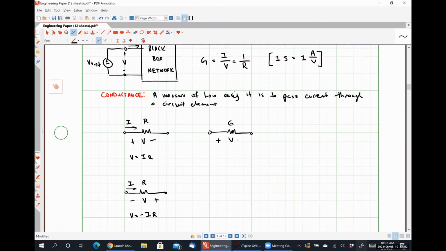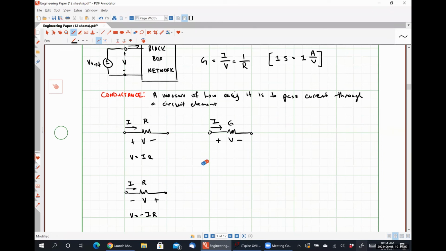So if we have current flowing into the positive polarity terminal, then let's see, V is equal to I. Oh goodness, what just happened there?